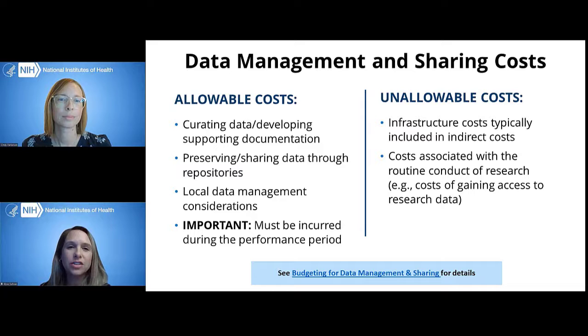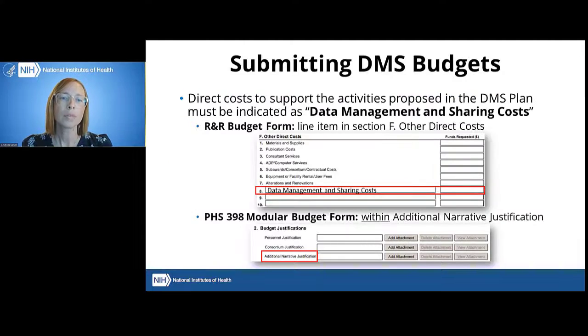And Cindy, can you walk us through where these data sharing costs should be submitted in the application? The direct costs to support the activities proposed in your DMS plan must be indicated as data management and sharing costs, and the location where this dollar amount will be indicated varies depending on whether you're submitting a detailed budget or a modular budget.